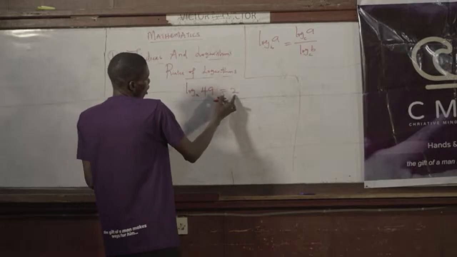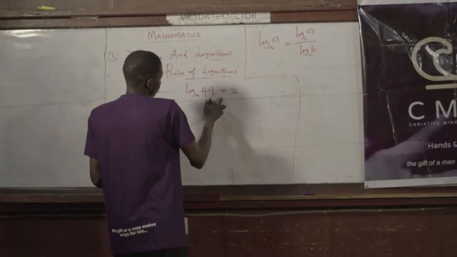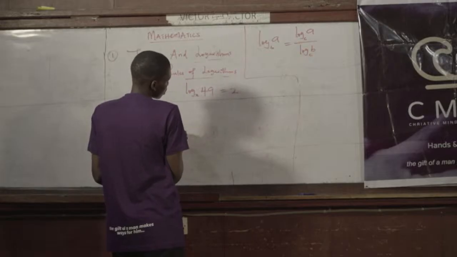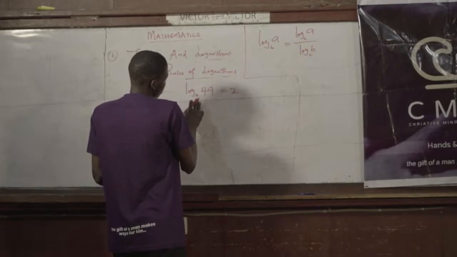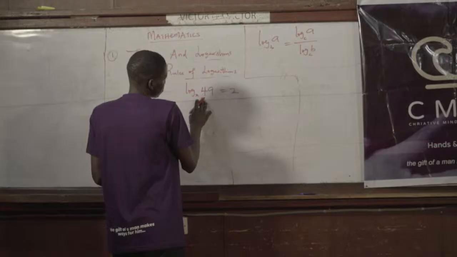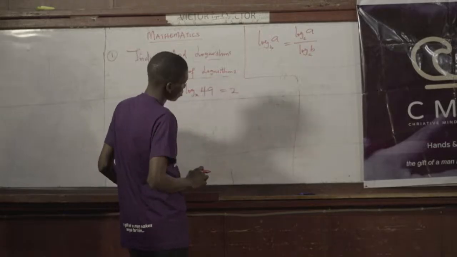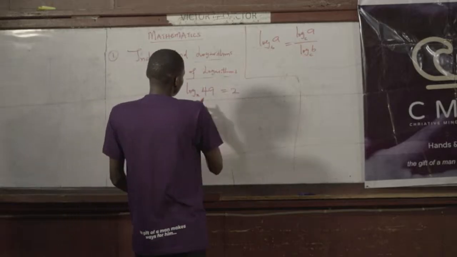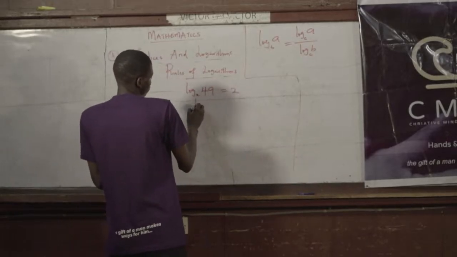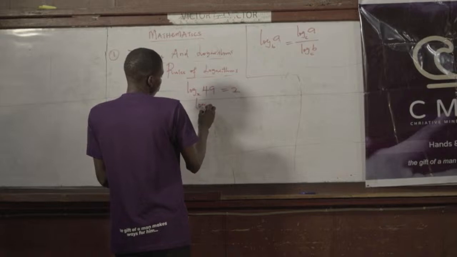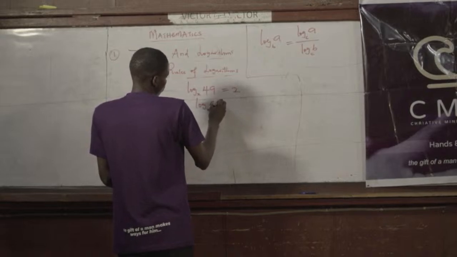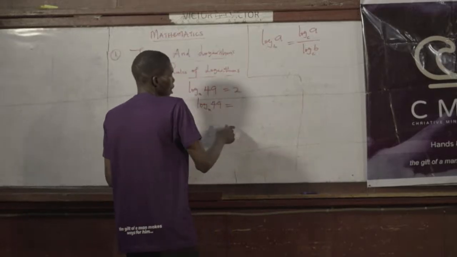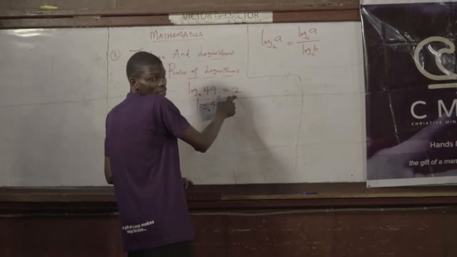What we can do here is this, because we can see that where we have our x is at the base. So this will be log 49 base x is equal to 2. There is a way we can write this 2.